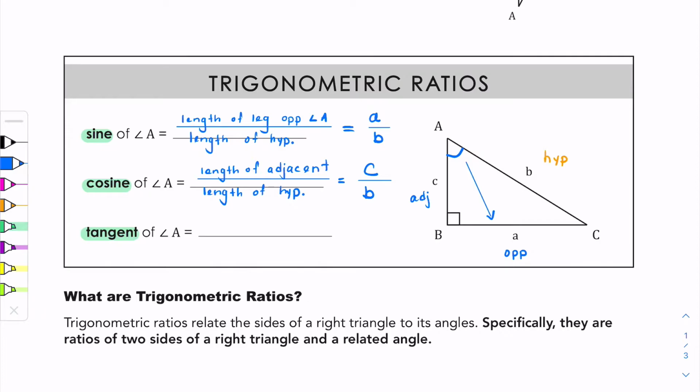And the last one, tangent, is always found by the length of the leg opposite divided by the length of the adjacent side.